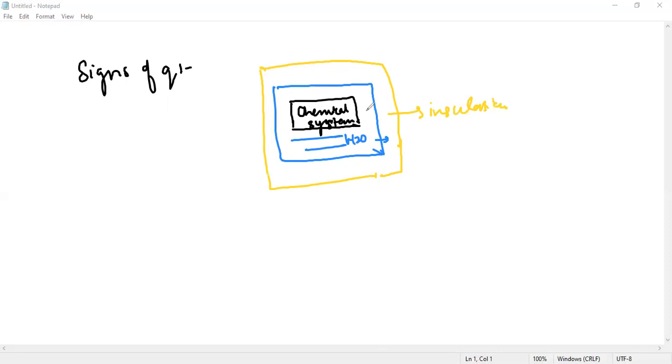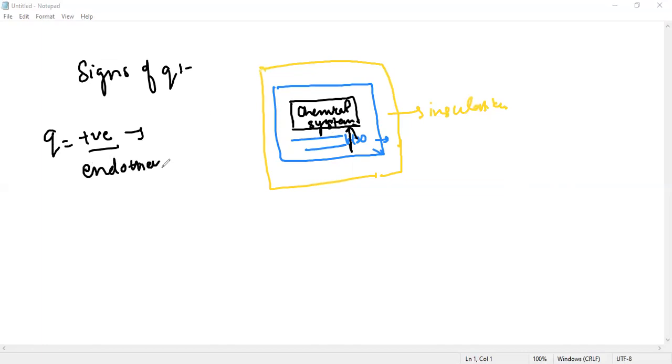Now, what does a positive Q value mean? Positive Q value means Q is equal to positive. That means heat is flowing towards the chemical system from the surroundings. So heat is being absorbed by the system from the surroundings. That means this process is endothermic.